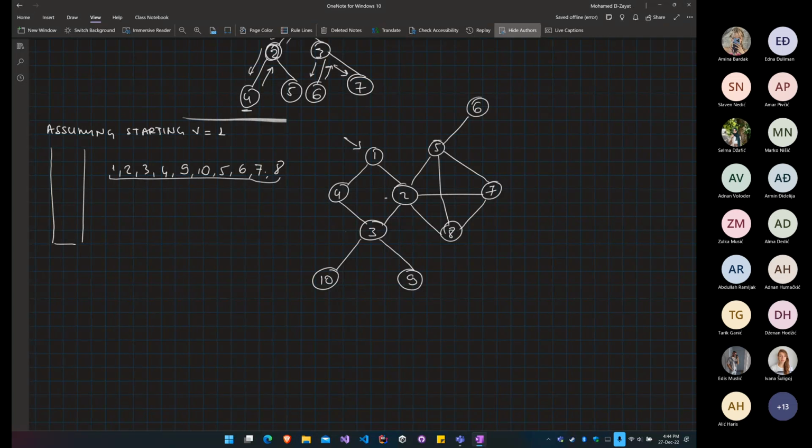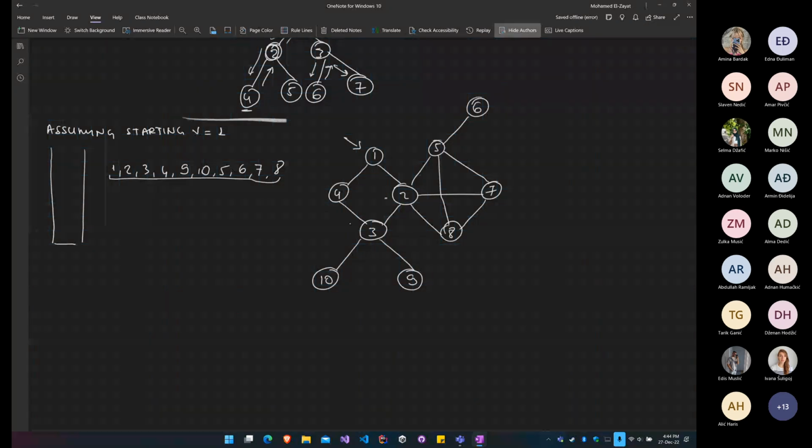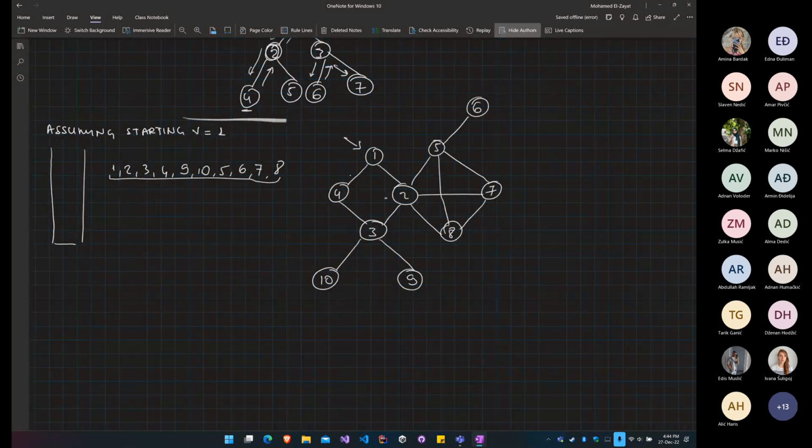Okay. Could I have gone, for example, 1, 4, 3 instead of 1, 2, 3? Yes, because this is an undirected graph. You can go in whichever way possible. So there might be multiple solutions to this, given a starting vertex.